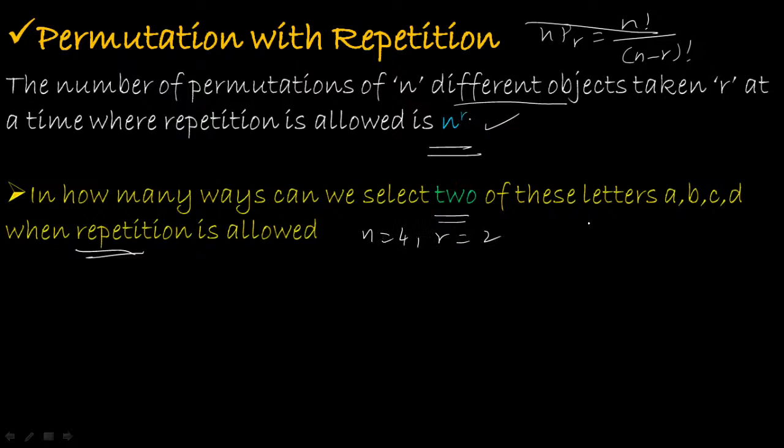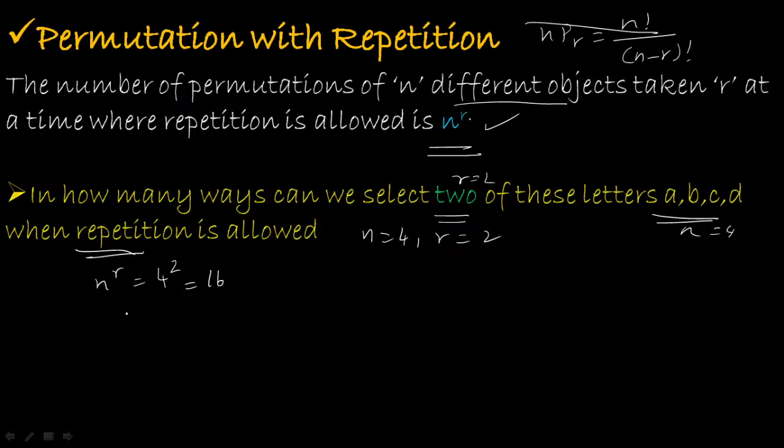If repetition is allowed, you make use of the formula n^r, that is 4 square. 4 square is 16 possible arrangements.